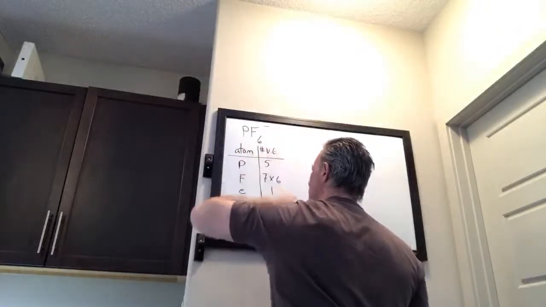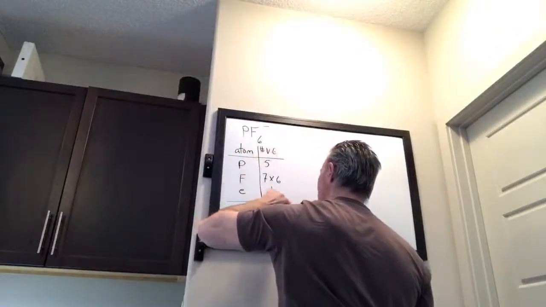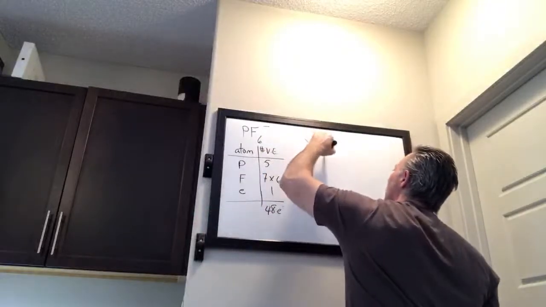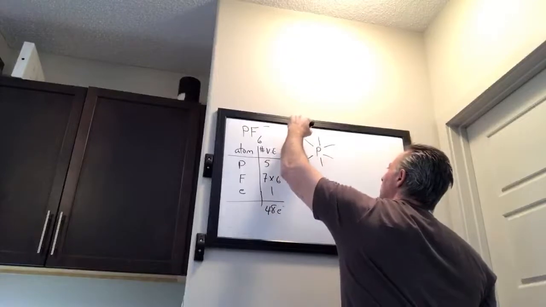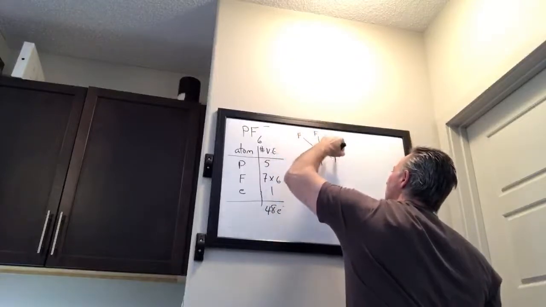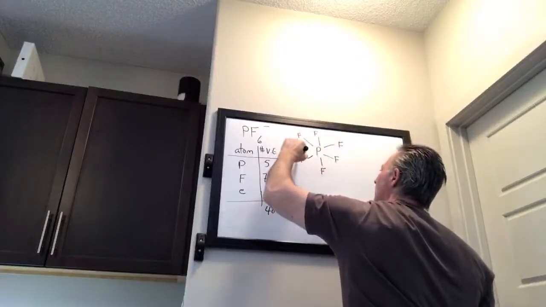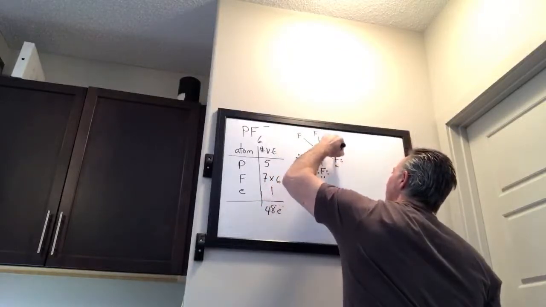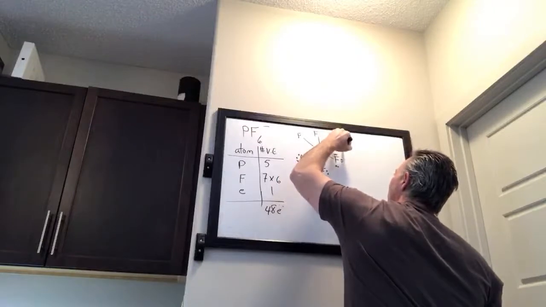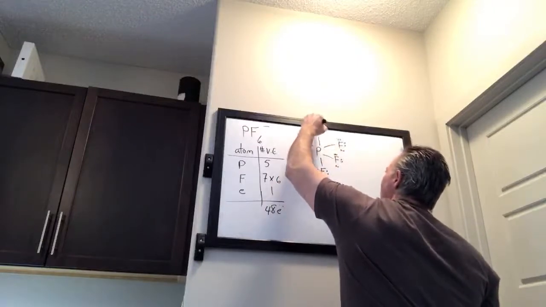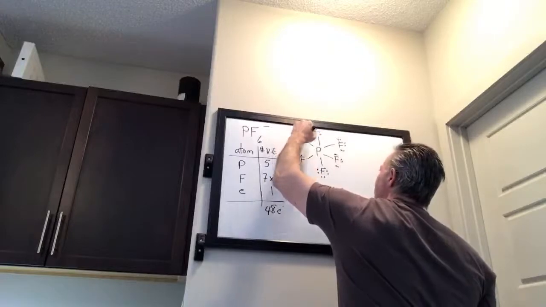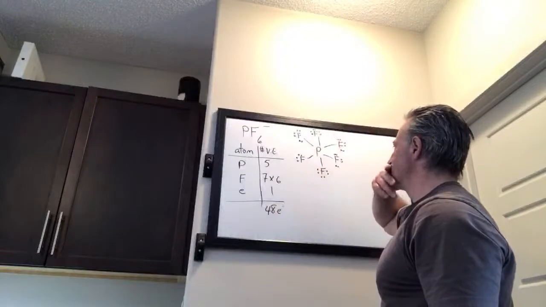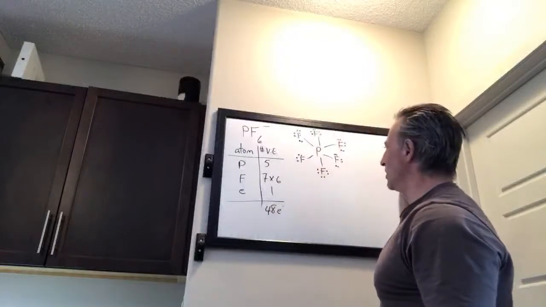So 42 plus 6 is 48 electrons to take into account. Okay, 6 times 6 is 36, plus 12 gives you 48. You use up all the electrons.